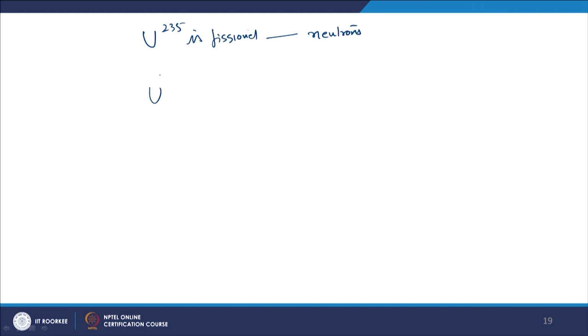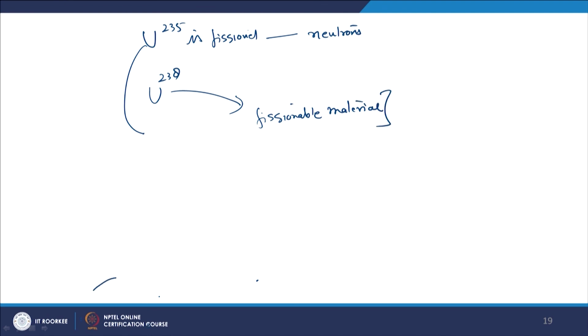If U-238 is kept in the vicinity or as a part of the reactor, then after the reaction with 235, this uranium 238 can be converted into fissionable material. This is how the fast breeder reactor works. So, it consumes the fissionable material, and the end product is more fissionable material, and at the same time heat is also liberated, which can be used for power generation.